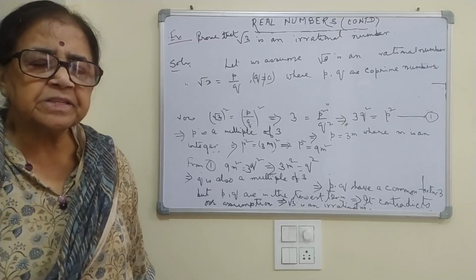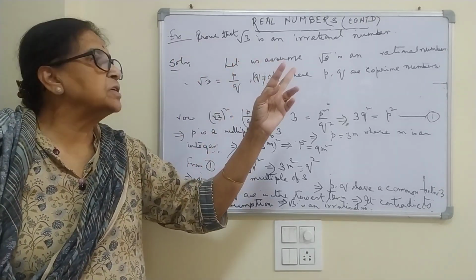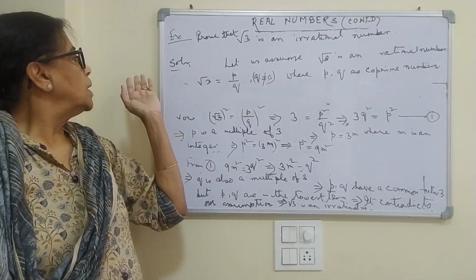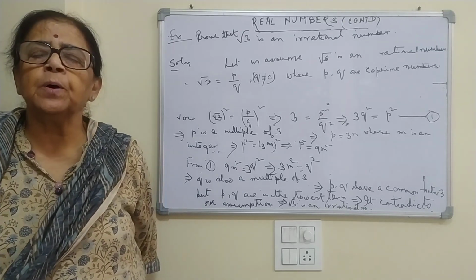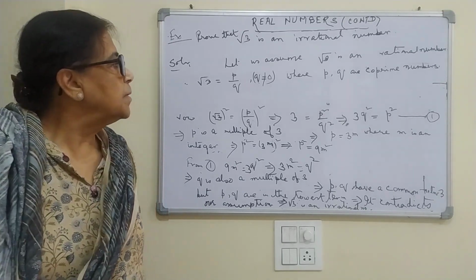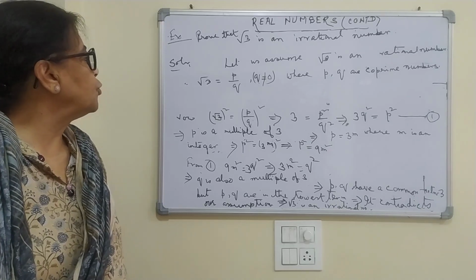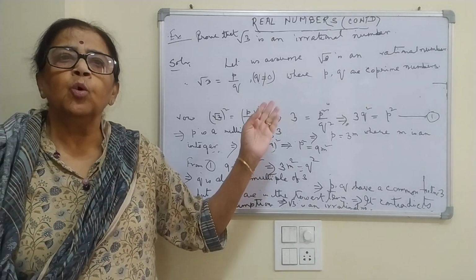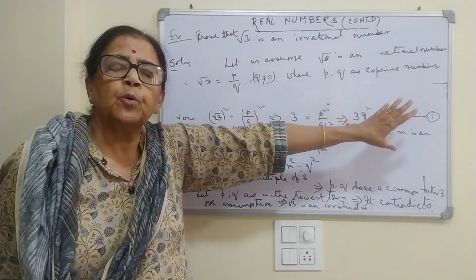We will be doing exercises. Prove that root 3 is an irrational number. Solution. Let us assume, like the previous one, root 3 is a rational number, and therefore root 3 is equal to P by Q, Q not equal to 0, where P and Q are co-prime.